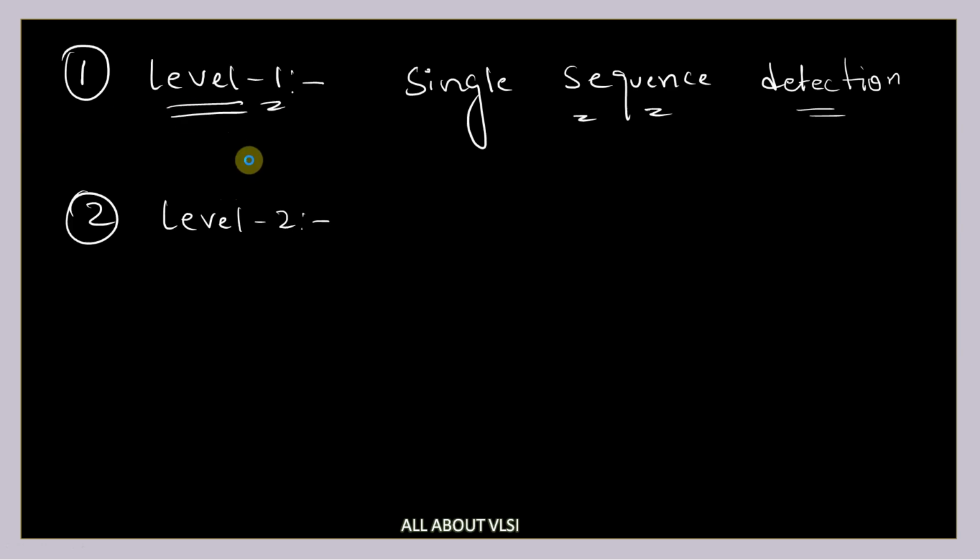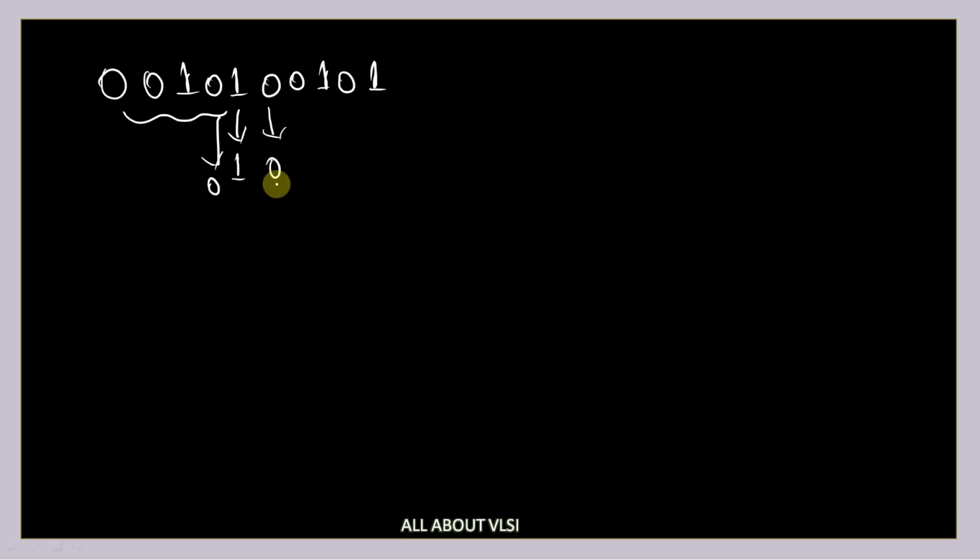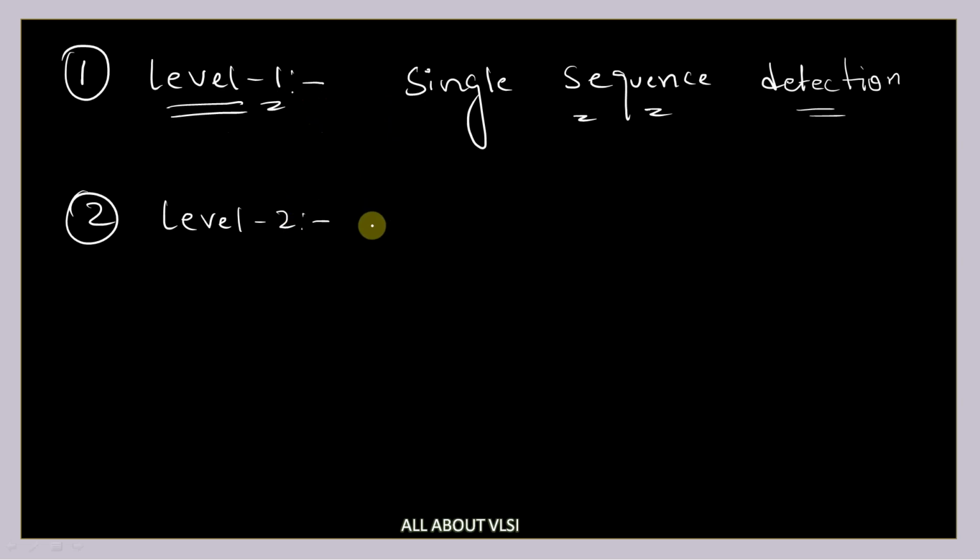But in the level 2 type of problems, we should not make our output simply 0. We should maintain our output at 1 itself. Again, if the sequence has been detected, then our output should become 0. Until then, our output should stay 1. This type of sequences, I'm naming it as level 2, that is toggling output.